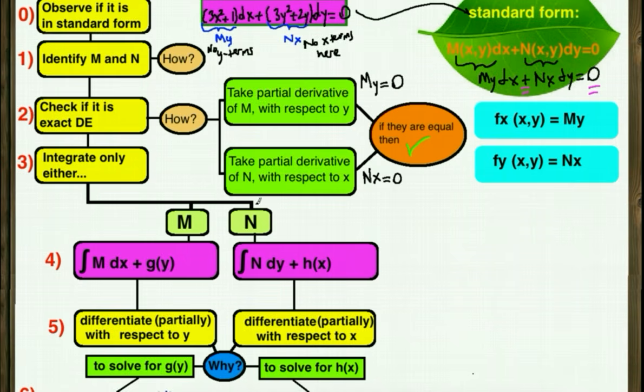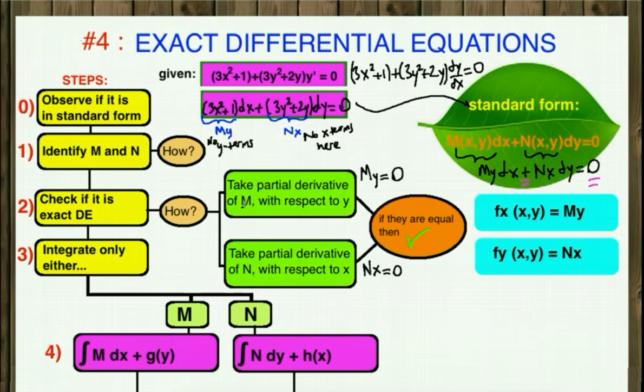If you prefer the other path, you integrate N with respect to y, and you add h of x, some function instead of constant c. The recommendation is to observe the original function and pick whichever part is integrable faster and easier. Here they are equally easy, so let's pick the M part, 3x² + 1.